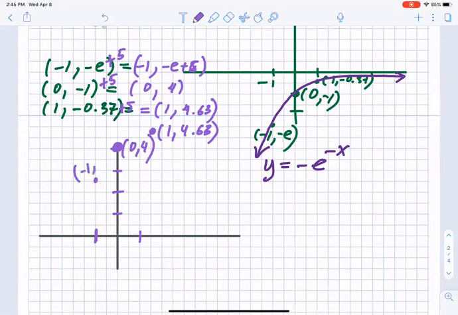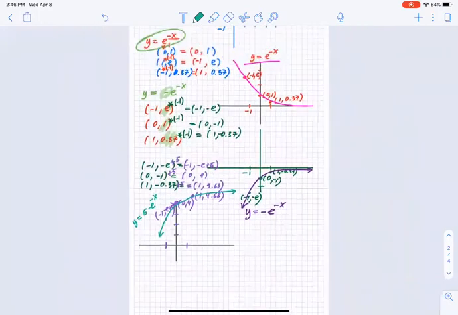So our final transformation is going to look like this, which is y equals 5 minus e to the power of negative x. So here's the final graph.